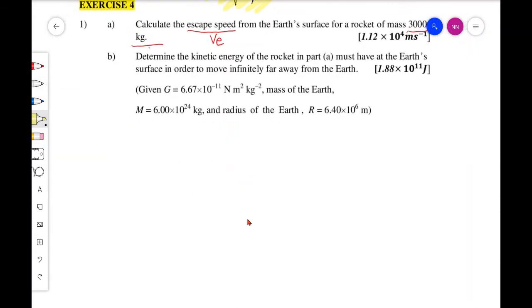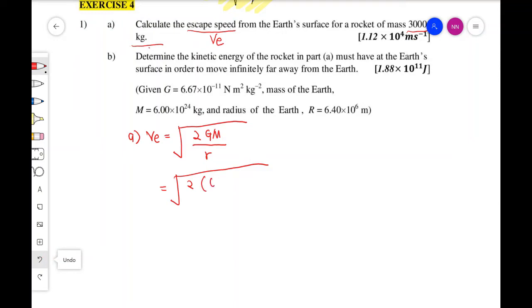So kita boleh pakai formula VE equals surd 2GM over r. G is 6.67 times 10 to the power of negative 11. Okay, this is the G. And then M is the mass of Earth.